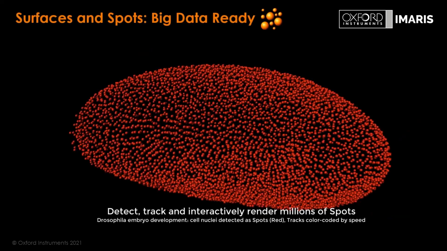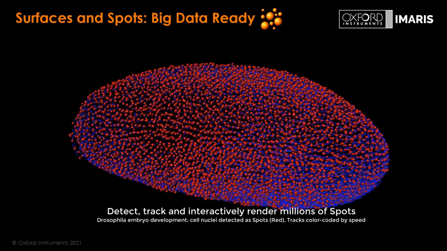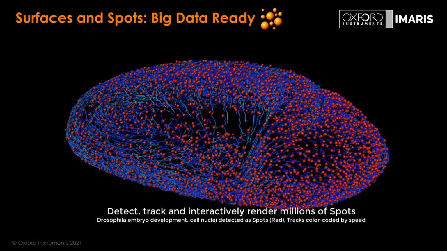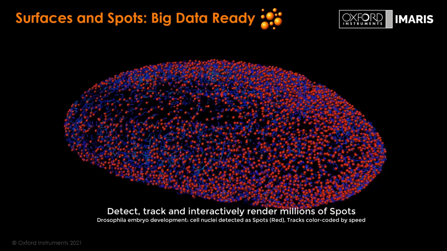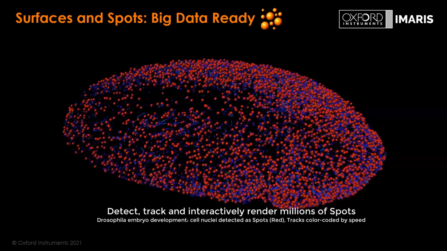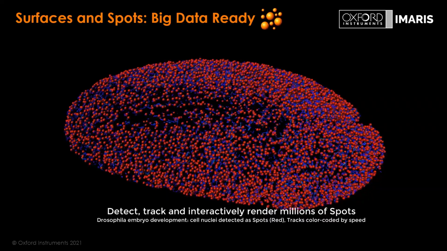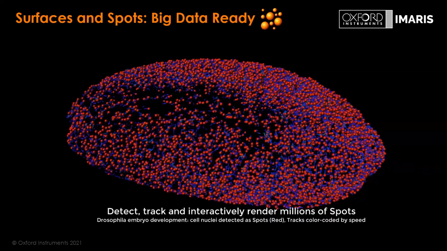So next up here, surfaces and spots are big data ready. What it means is, as you see here, we can detect, track, and interactively render millions of spots, or surfaces for that matter. So the limitation is not the software, it is the hardware that you have, okay?